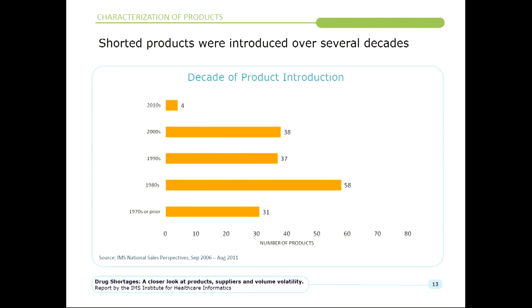In fact, if you took a look at that point in time, 2011, by when these drugs were initially launched, 58 out of the 160 or so were launched in the 1980s, which is 20 to 30 years old at that point in time. So the shortage drugs are disproportionately old, generic, injectable drugs.